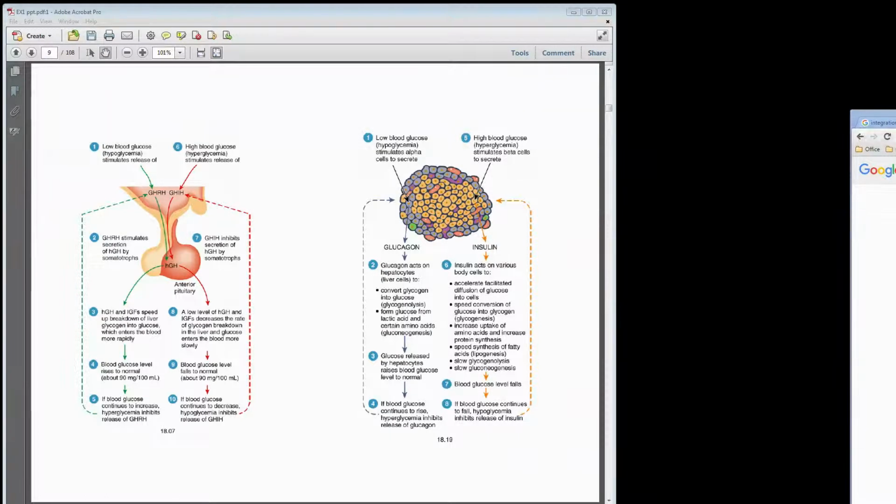And then we have increased glucose levels in the blood, which is then again sensed back at the hypothalamus. We now have high glucose levels. We now want to produce GHIH, which is growth hormone inhibiting hormone, which is produced and sensed in the anterior pituitary. Anterior pituitary senses this and then says we need to produce less IGF and HGH.